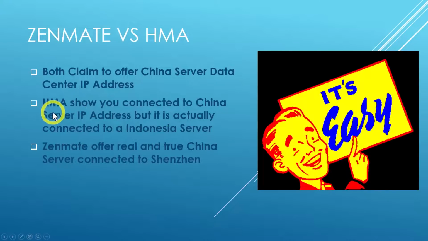So you have to be very careful when you are using HMA, not just for China, but for other countries as well. You always want to double check. ZenMate, in my testing, offers a real and true China server connected to Shenzhen in China.